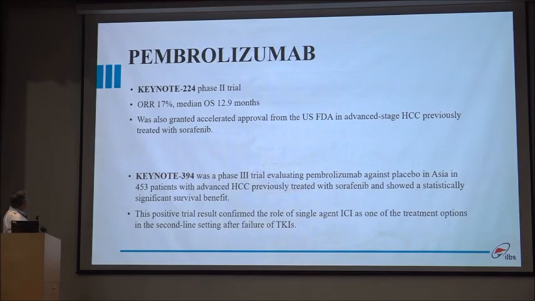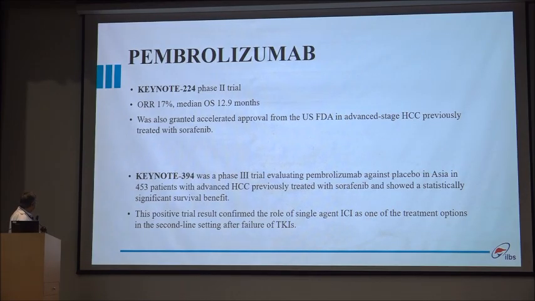Next is the KEYNOTE-224 trial, a phase 2 trial, in which overall survival was 17%, median was 12.9 months. It was also granted accelerated approval by the US FDA in advanced HCC treated with sorafenib.